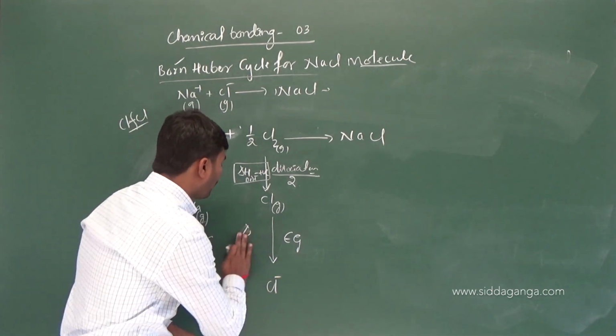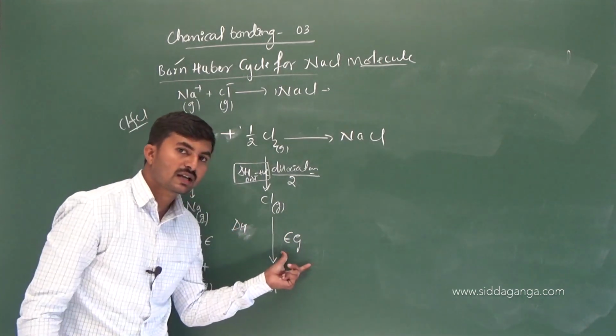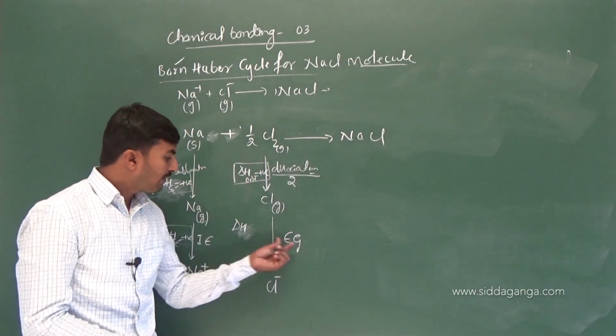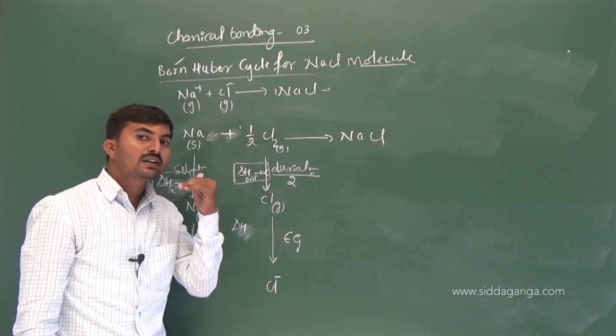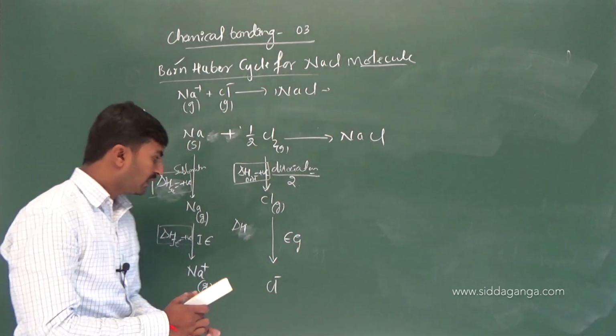Here, what is the nature of heat? Whether energy is released or energy is required by the system. During the addition of electrons, some amount of energy is released by the system. That means this reaction is exothermic in nature.